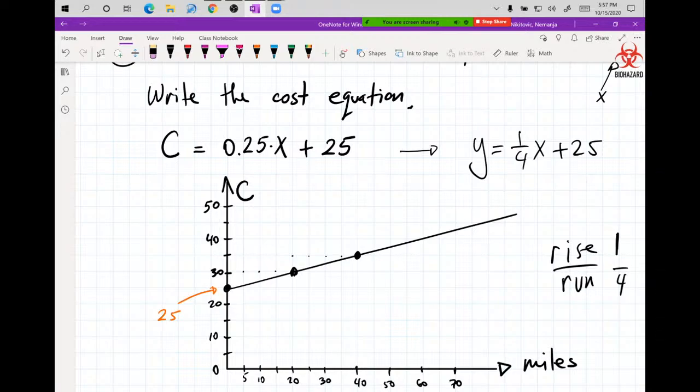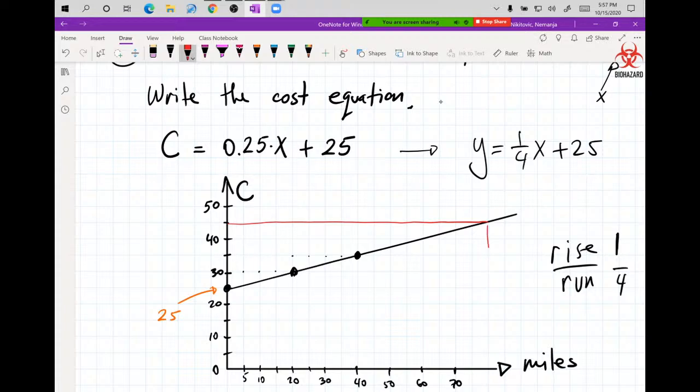Now, you can also see how far you can go for $45 because you can draw a $45 line like this, and that line is going to hit your linear line.